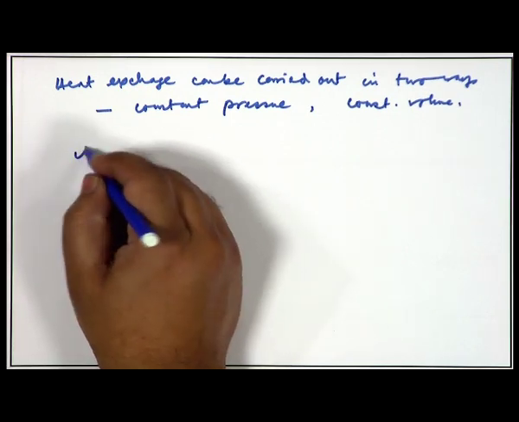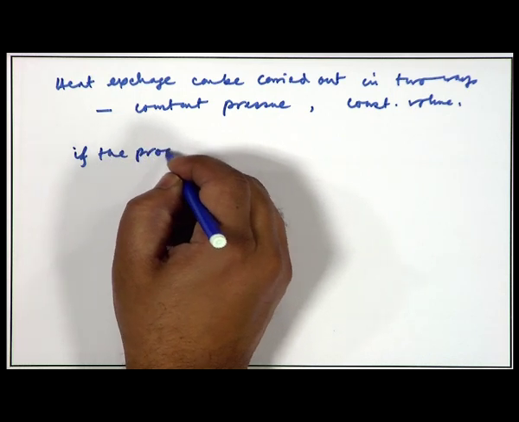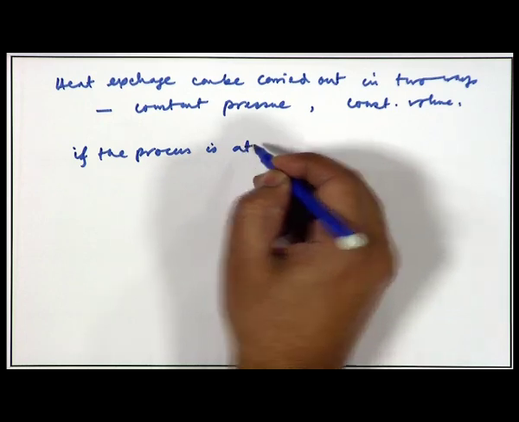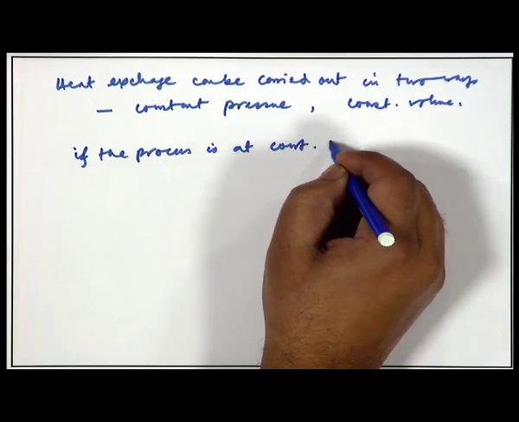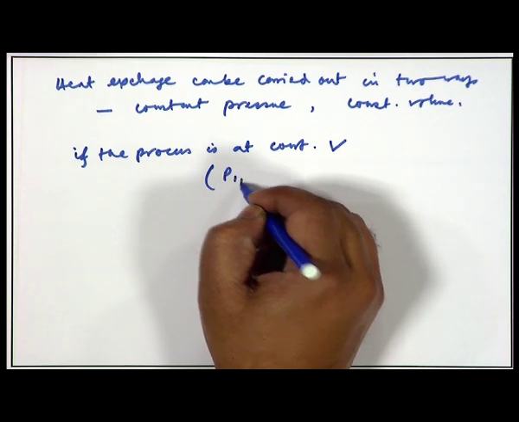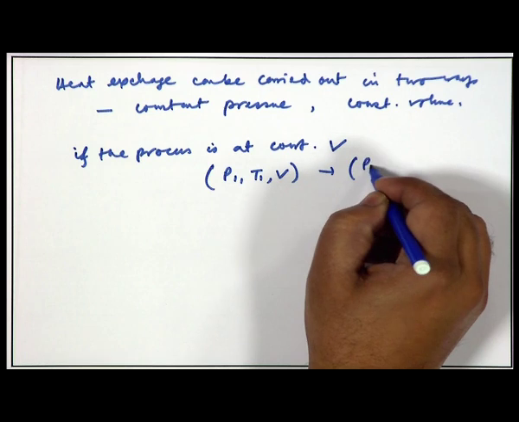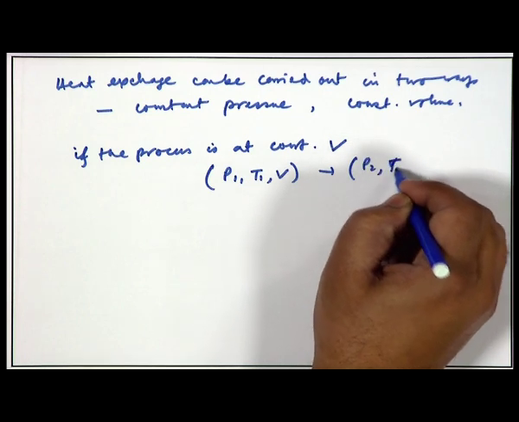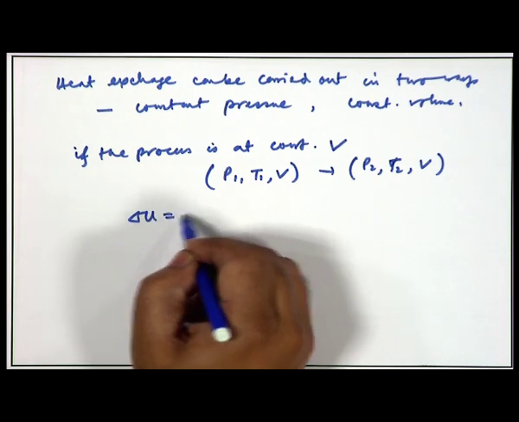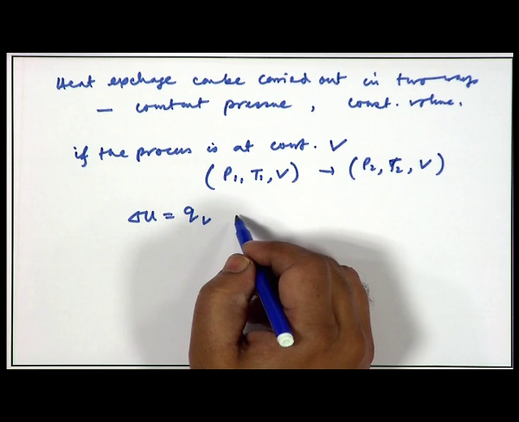Now, as we have seen earlier, if a process is at constant V, like the example we had earlier, P1, T1, V to P2, T2, V, then we know del U is Q V, as W is 0.